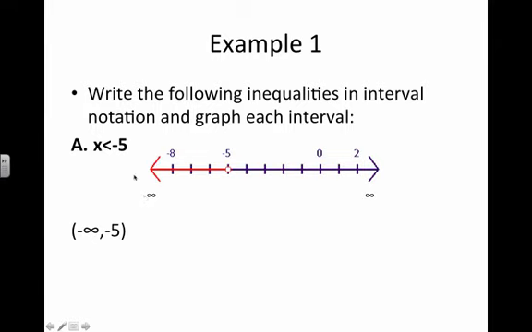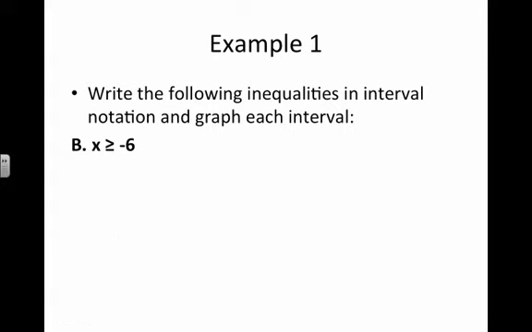This doesn't ever end, it just keeps on going and going. Then we go up to -5, so it's left to right, lower bound, upper bound. And then we use another parenthesis because this is an open circle. If this were a closed circle, we'd have a bracket, but it's not. So this means every value coming up from the direction of negative infinity up to, but not including, -5.